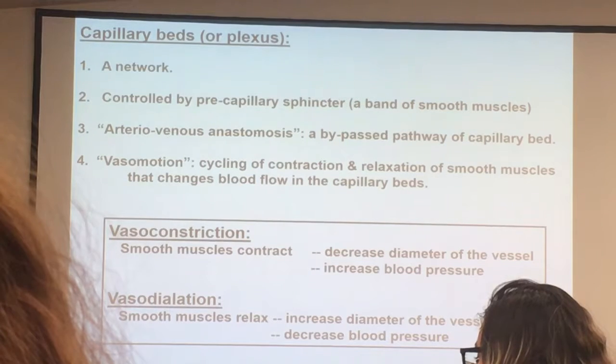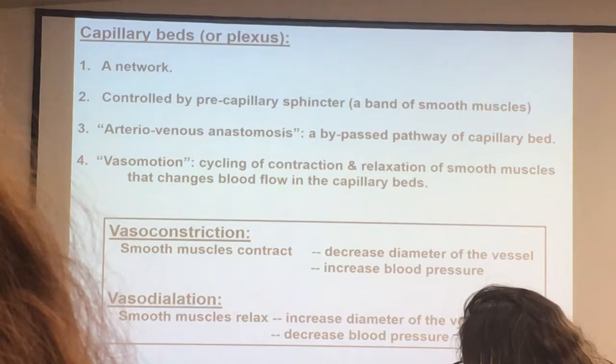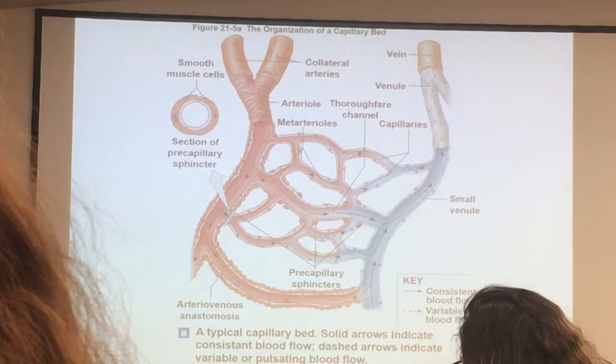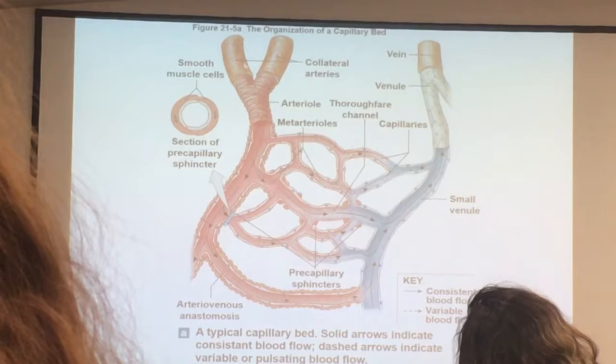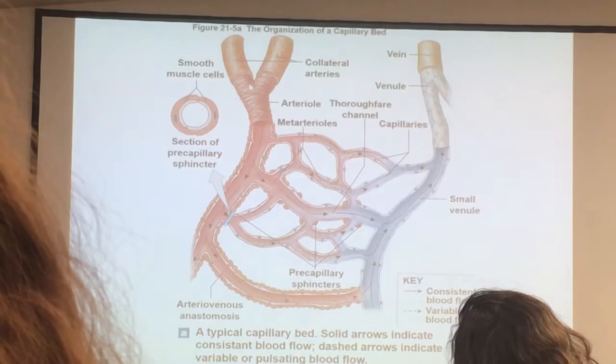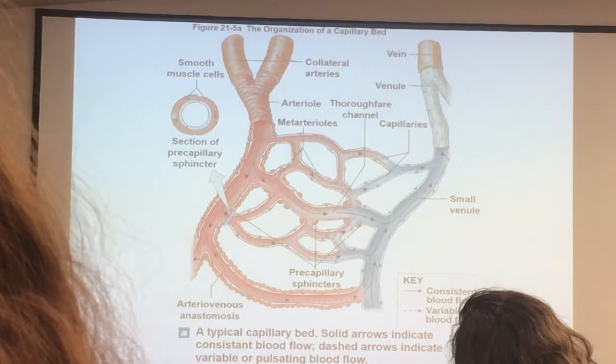The plexus or capillary bed is a network structure. How do we do this? Now we have to show this first. From the end of the artery, we call it the arteriole, and it's controlled by what? By the precapillary sphincter, like two rings controlling a tube.